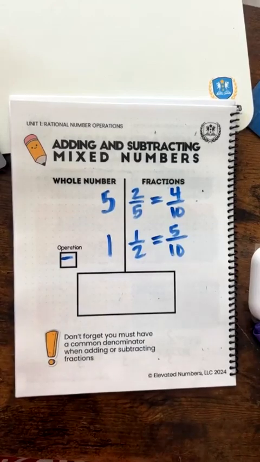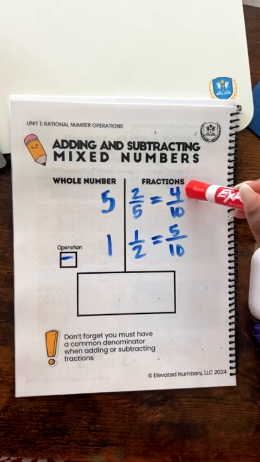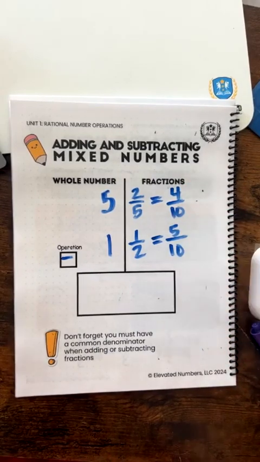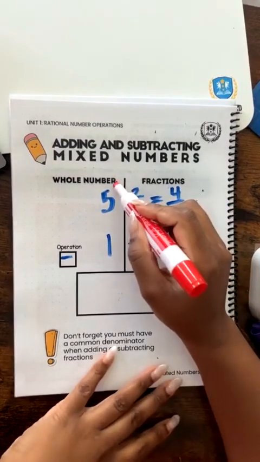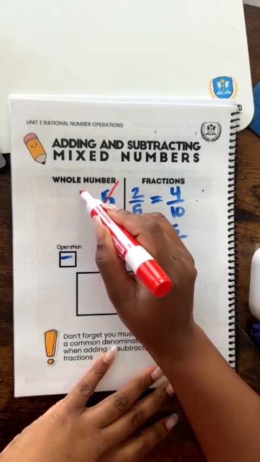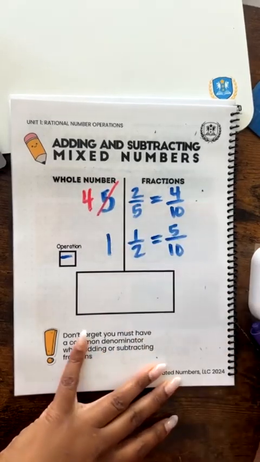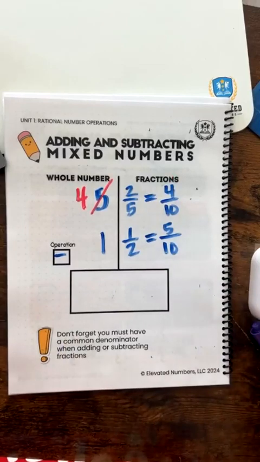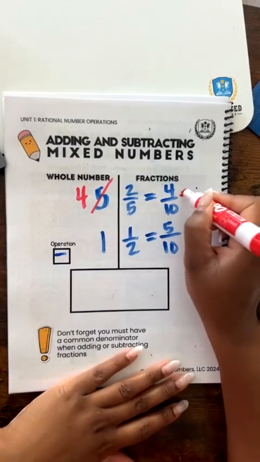So now when we're subtracting, we need to subtract the smaller number from the bigger. So we can't subtract 5/10 from 4/10. So that means just like we do when we have whole numbers or decimals, we're going to borrow from the whole. Okay, so when we borrow one whole, we're left with 4. And what's one whole? Well, one whole is 10/10.